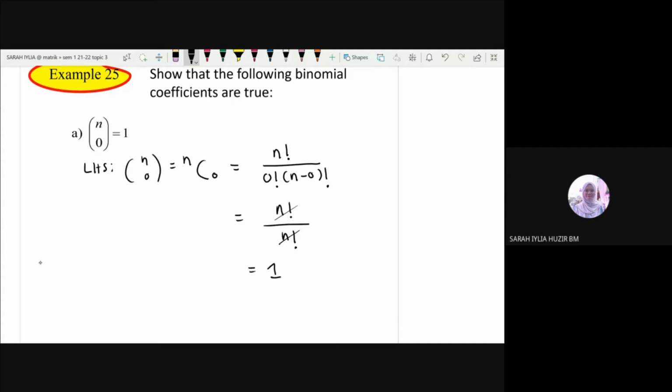Sebab tu tadi kita dah buktikanlah anything C0 should be 1. N can be any positive number. So kalau kita letak let's say 1000, C0 confirm 1 juga. Okay, itu first case. Anything C0 will be 1.